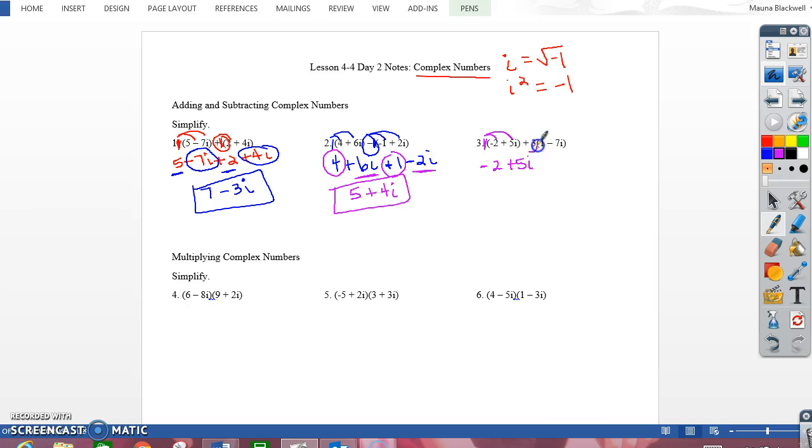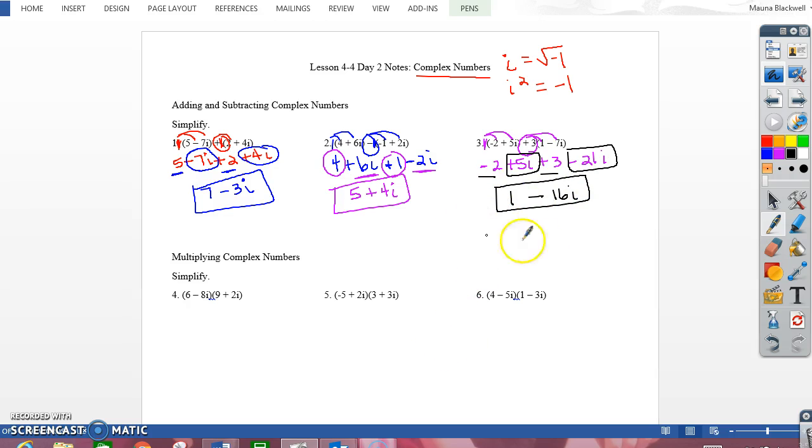To get rid of this set of parentheses, I multiply by positive 3. 3 times 1 is 3, and 3 times -7i is -21i. From there, again, we combine like terms. -2 plus 3 is 1. 5i minus 21i is -16i, so 1 minus 16i.